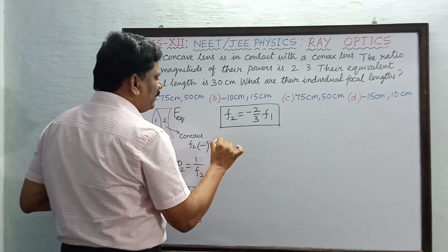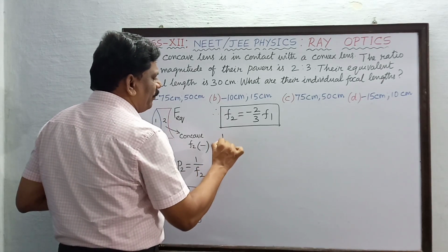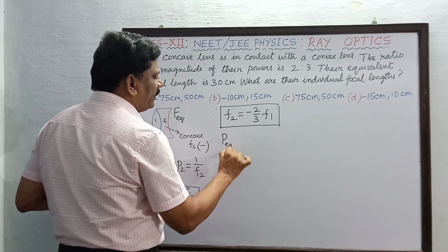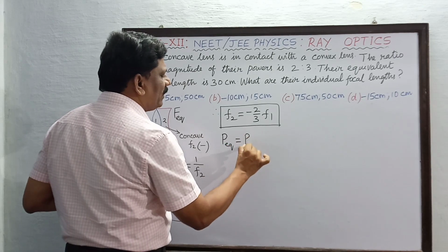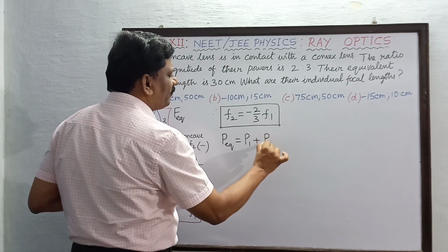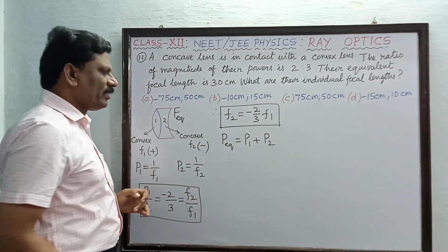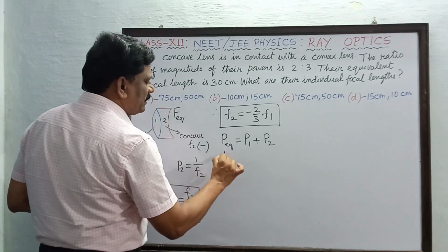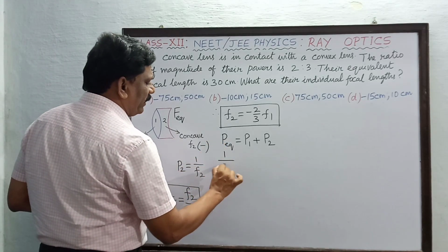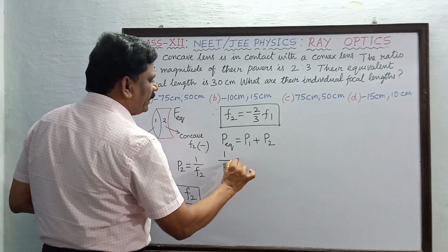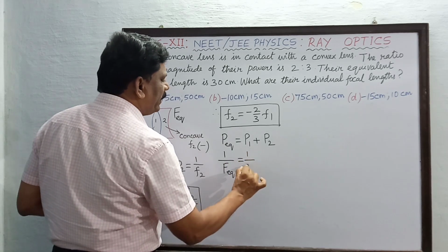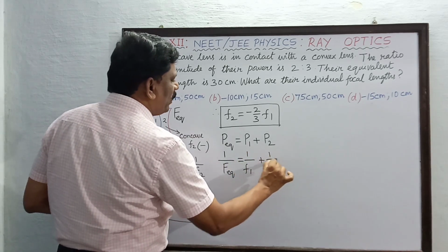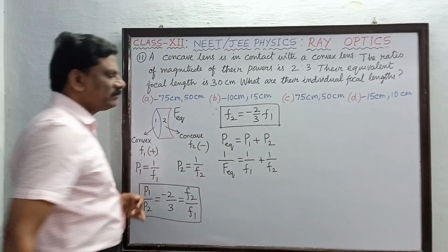The power of the equivalent lens is equal to the power of the first lens plus the power of the second lens. Then power is expressed in terms of the focal length. So 1 by f equivalent is equal to 1 by f1 plus 1 by f2.